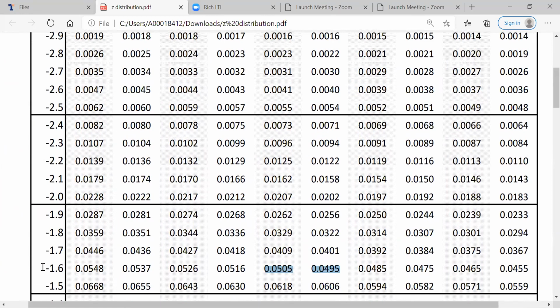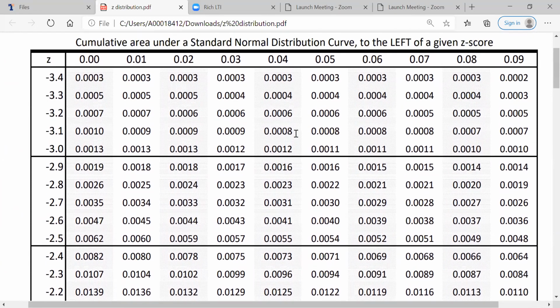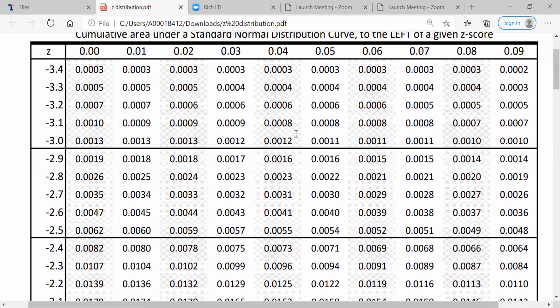We're going to use -1.6, that's the row, but will we use 0.04 or 0.05? There's really no wrong answer here. -1.64 would be okay. -1.65 would be okay. Some people even go as far as to average the 2 and say -1.645. I wouldn't go that far. I do have a protocol that I typically use.